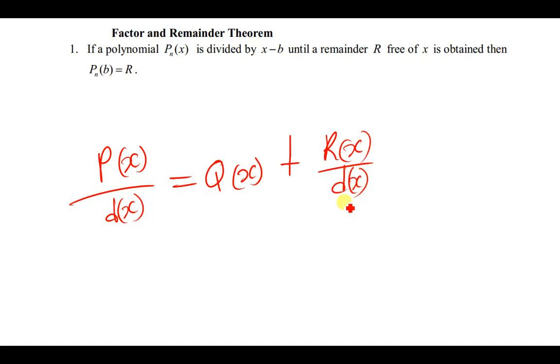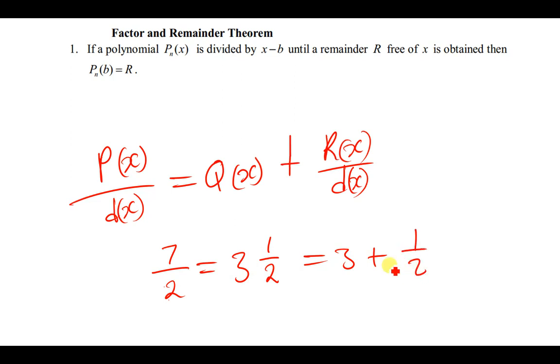Where do I get this expression? Imagine you have 7 and you're dividing 7 by 2. When you say 2 into 7, the answer is 3, and then remainder 1 over 2. So this can also be written as 3 plus 1 over 2. This is the case even for functions.